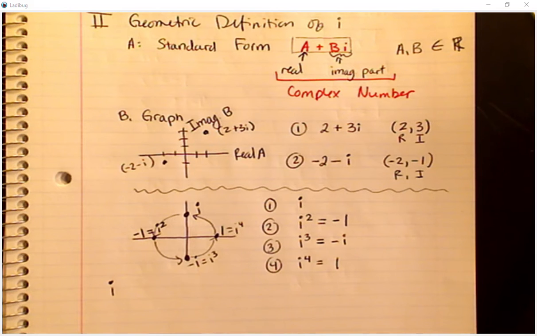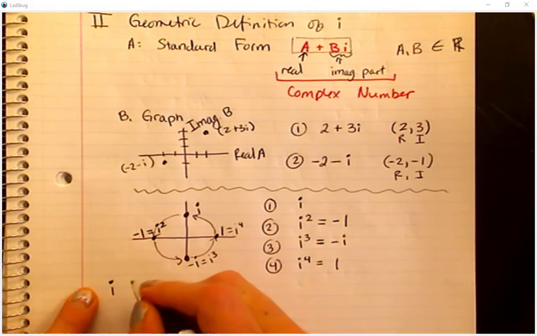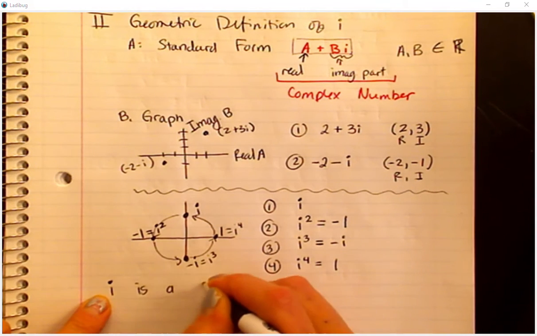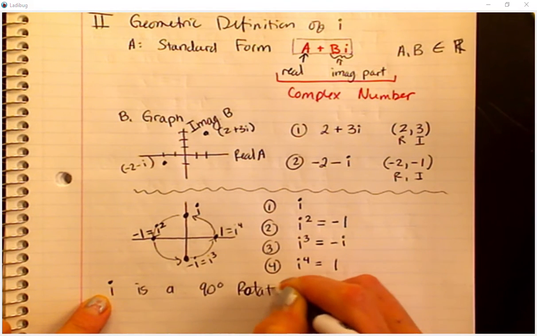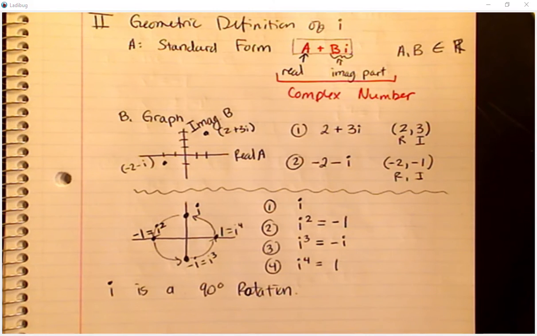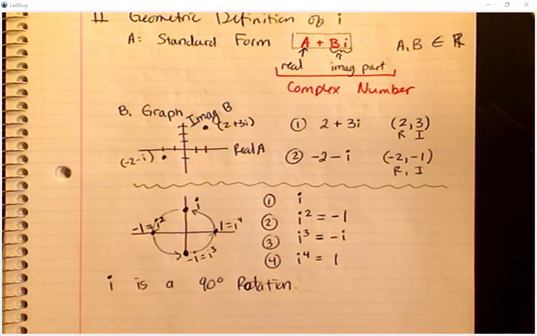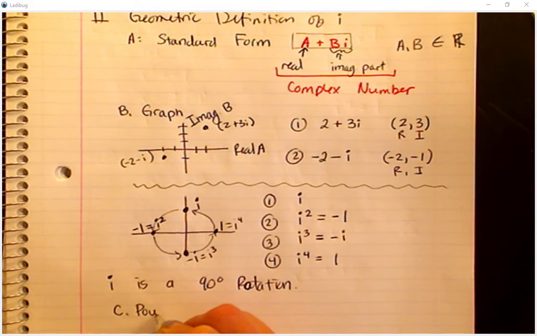Geometric, right? Graphically, visually, how can I define i? i is a 90-degree rotation, which we just did. Okay? So now powers of i. Let's see, i to the 5th.